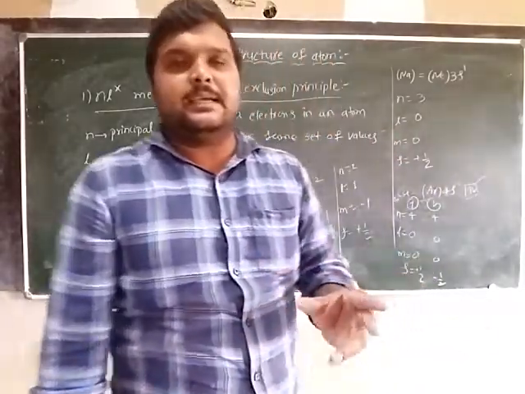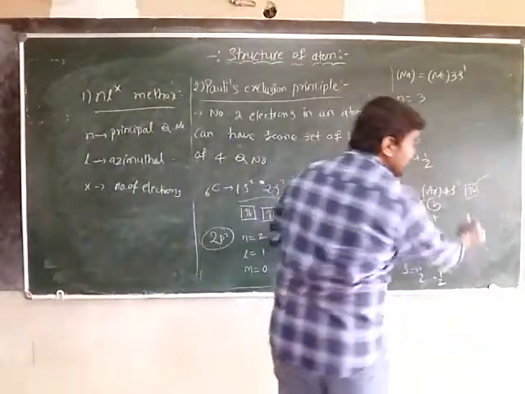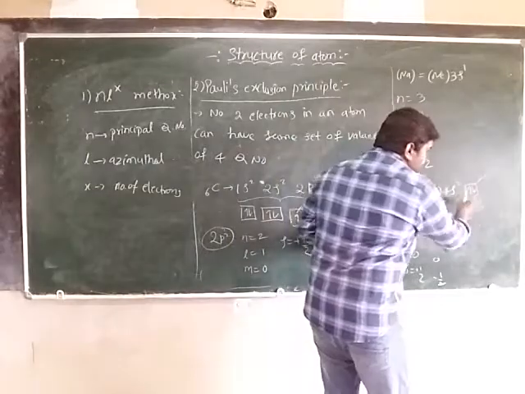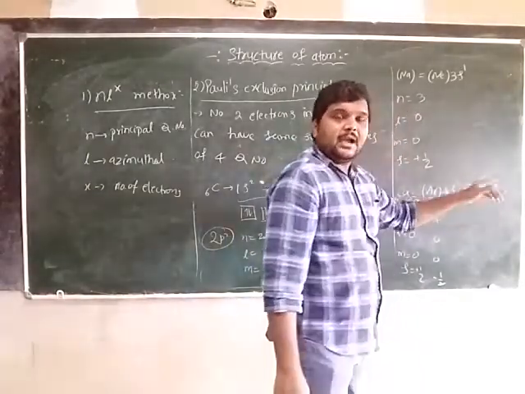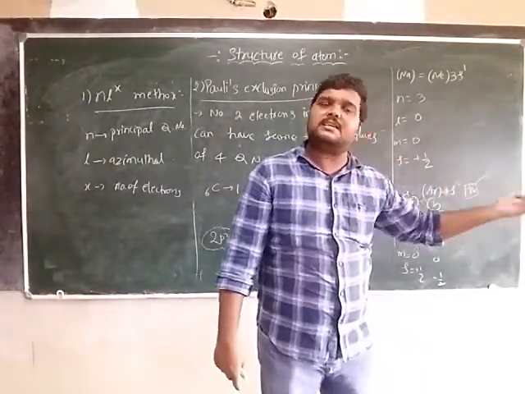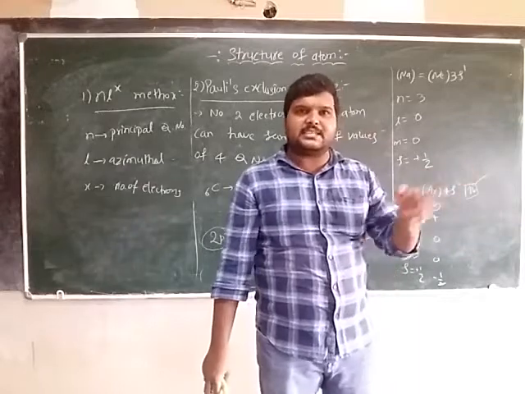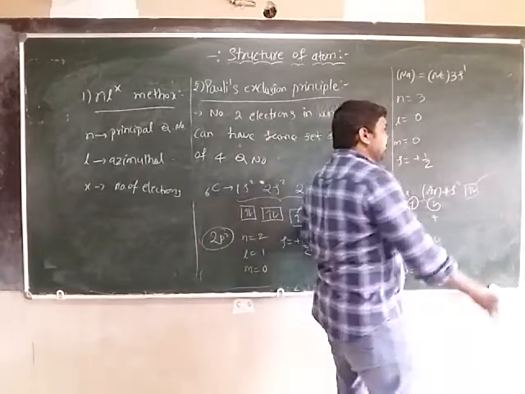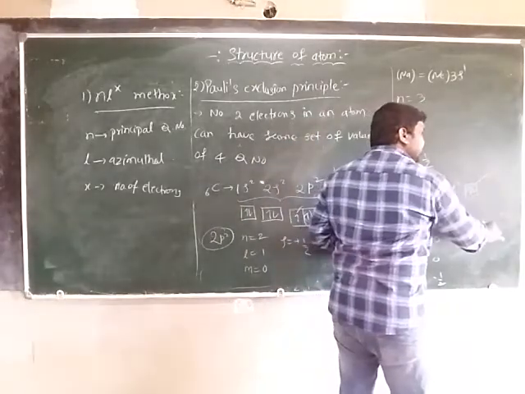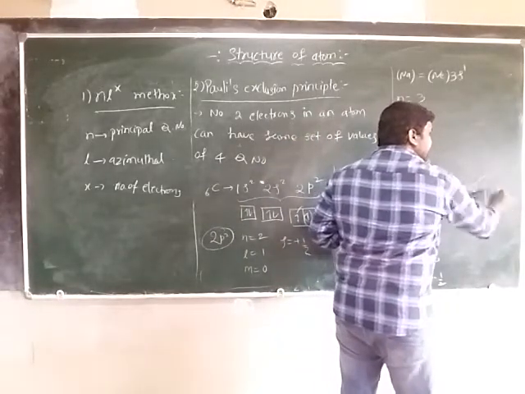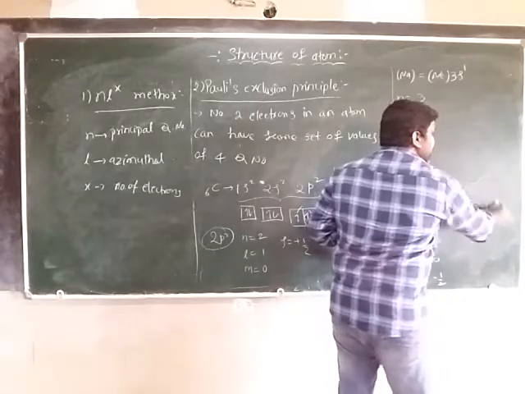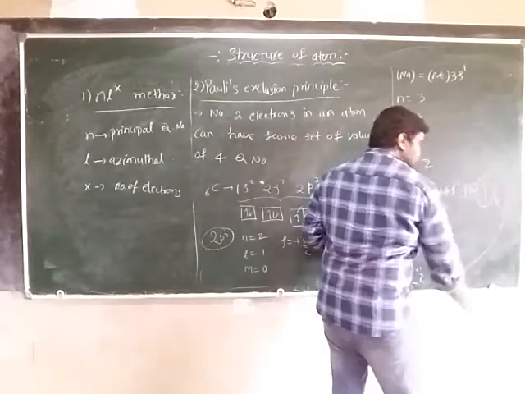Suppose I want to fill one more electron. Why are you writing only 2, why not 3? If I write one more electron here, I have to write either a clockwise direction or anti-clockwise direction. Only 2 directions are possible for that electron. Either way, the quantum numbers are equal to one of the earlier ones.